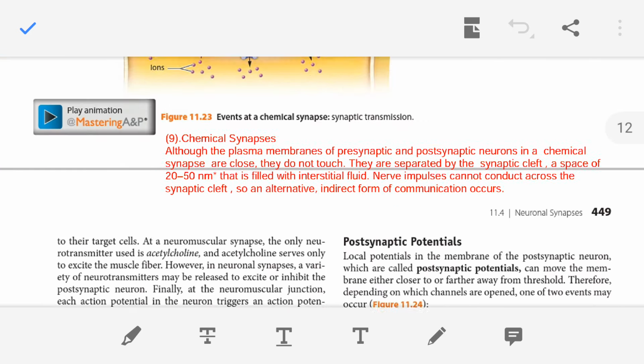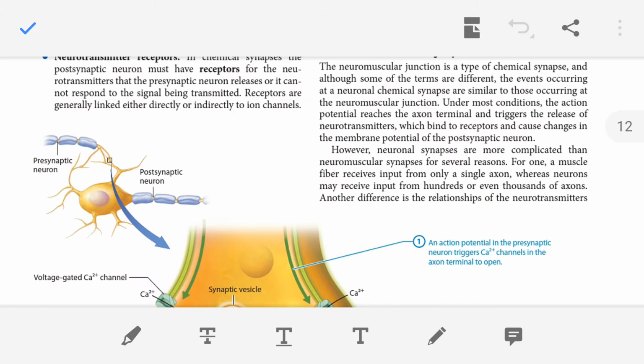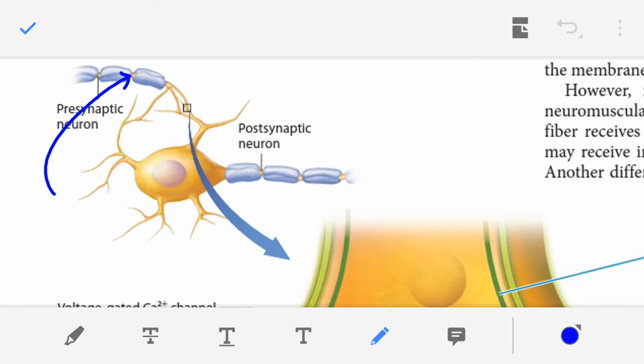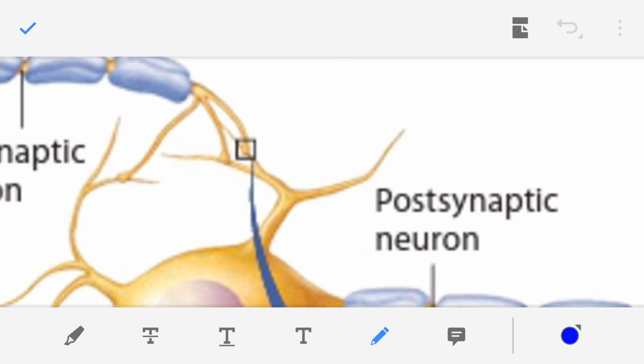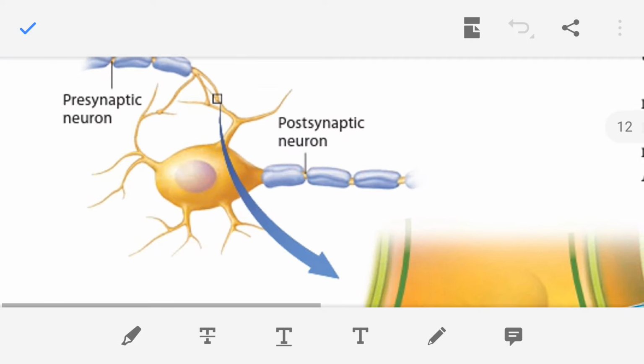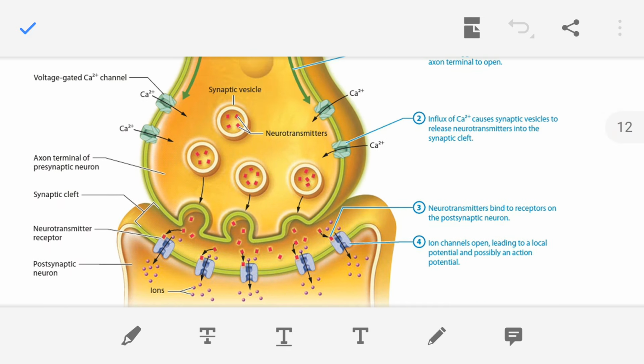Okay, so here in this figure, this is the axon of the presynaptic neuron, this one is the axon of the postsynaptic neuron, and here this is the axon terminal, this is the synaptic end bulb, and this one is the dendrite of the postsynaptic neuron. Between them there is a chemical synapse.